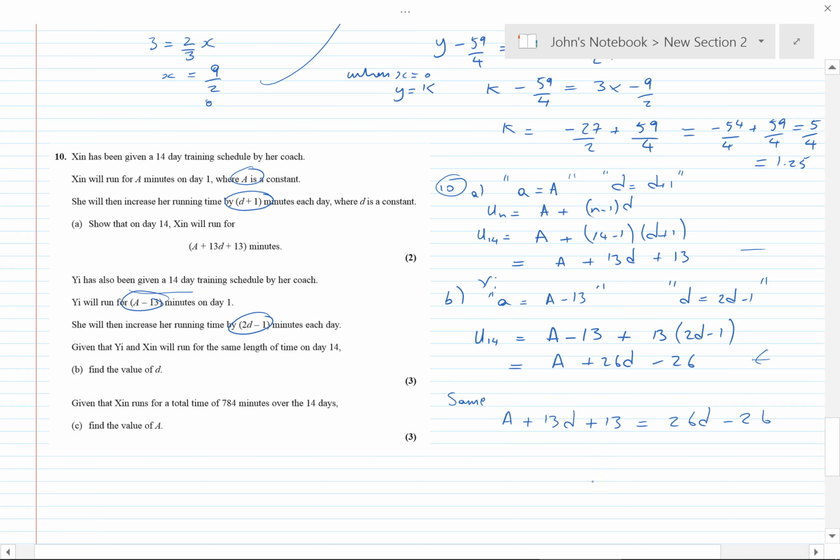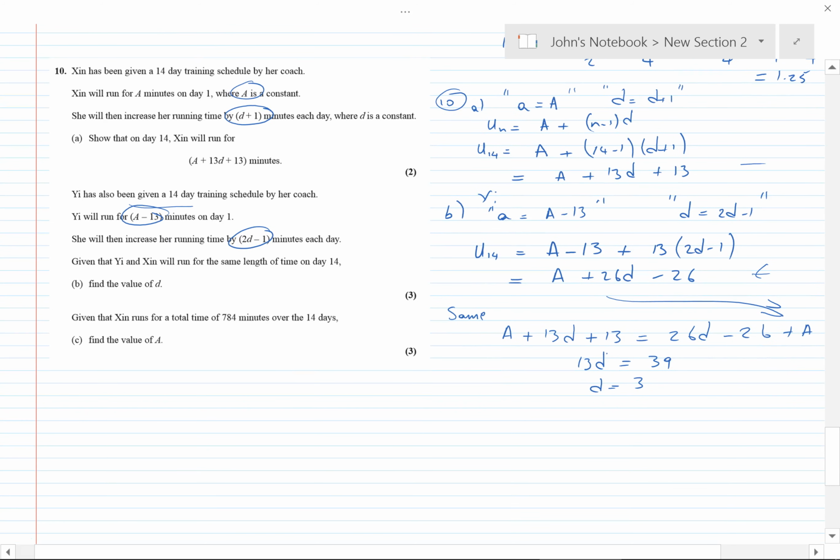Okay, so that gives me 13d. The A cancels. I forgot there was an A on this side as here, doing it the other way around. So the A cancels, and we get 13d is equal to 39. So d equals 3.